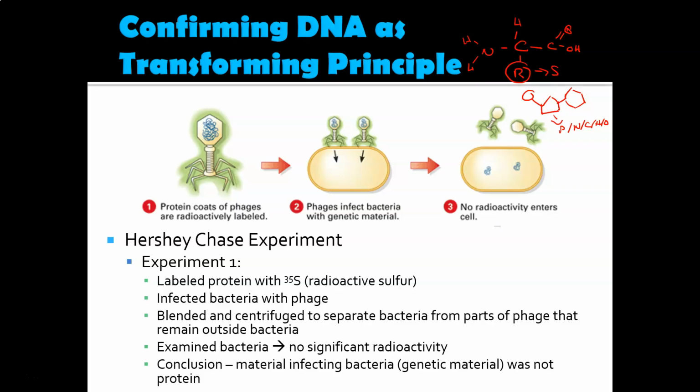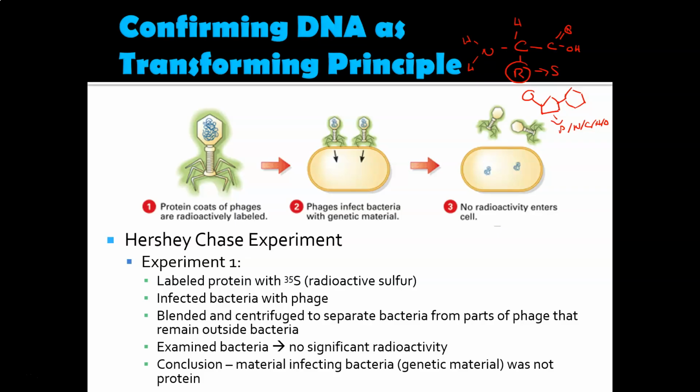Was it down in the bottom of the test tube, which we call the pellet, all the heavy cellular components, or was it up in the supernatant, the liquidy, lighter stuff? What they found is that there was no significant radioactive material in the pellet where the bacterial material was. It was all up in the supernatant, where the coat of the virus should be.